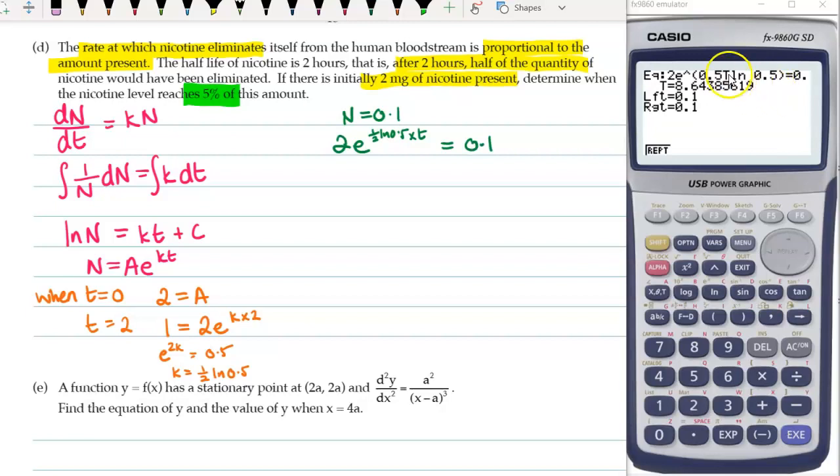What I've done is put that into equation solver. So you can see I've typed that into equation solver up here and solved it to get that t is 8.64, and we're measuring in hours.